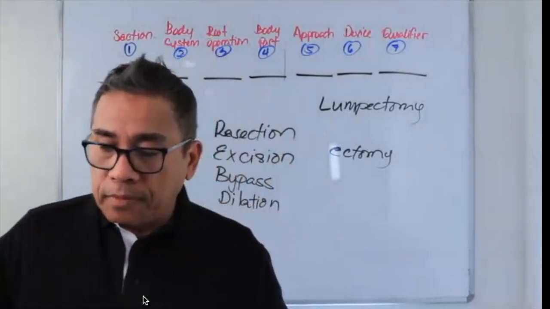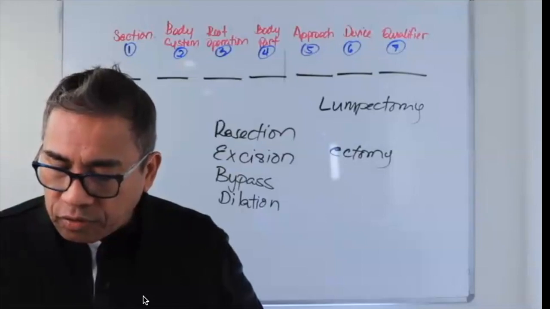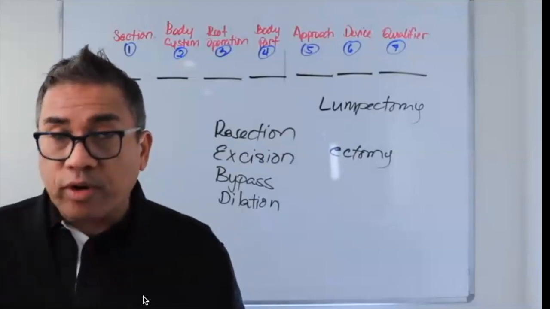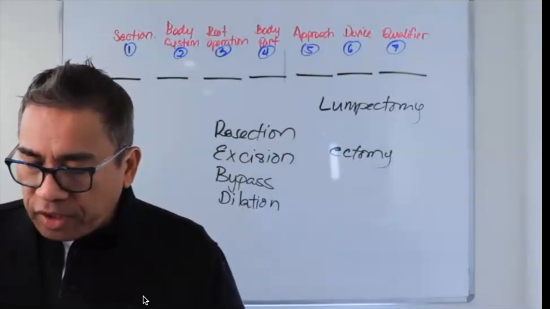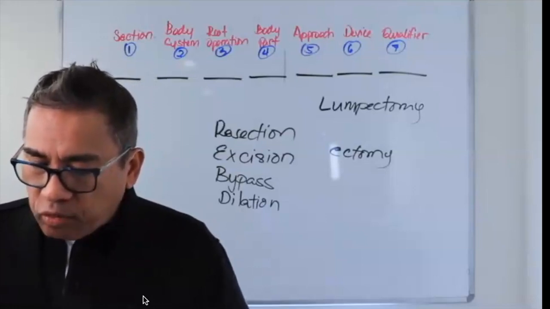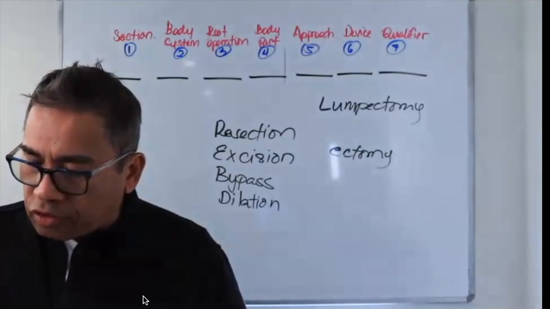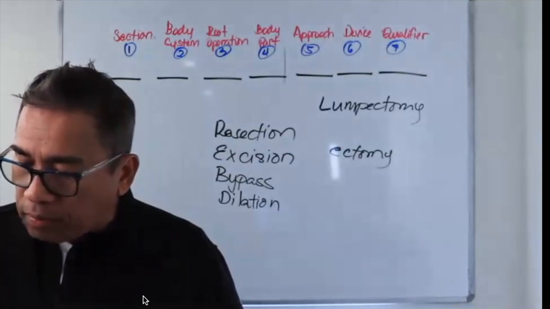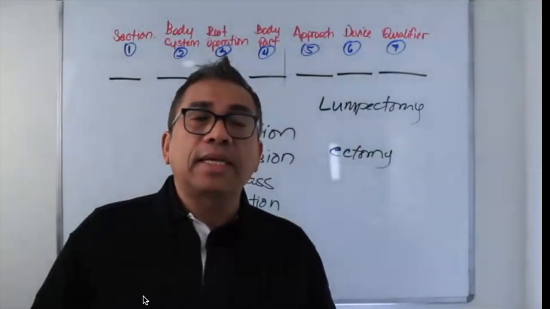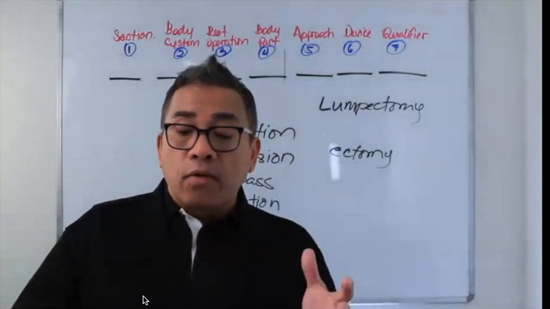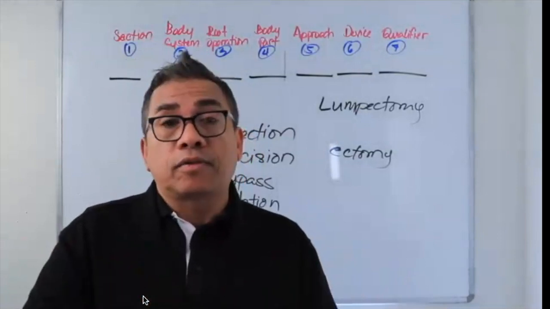All right. Another common procedure that I can think of is reposition. Look at reposition, guys. Let's read. Reposition is moving to its normal location or other suitable location, all or a portion of a body part. Now, why is this common? It is the root operation when a doctor, an orthopedic surgeon, fixes a fracture, right?